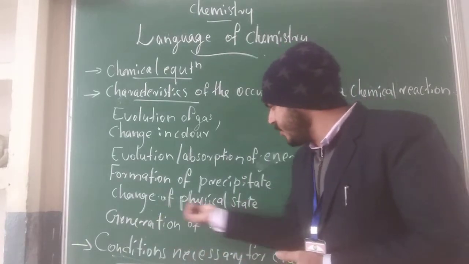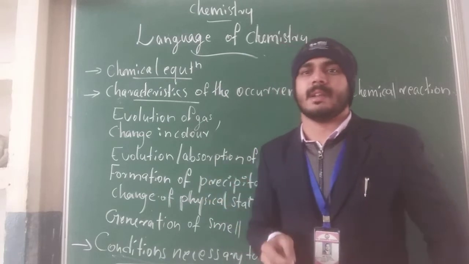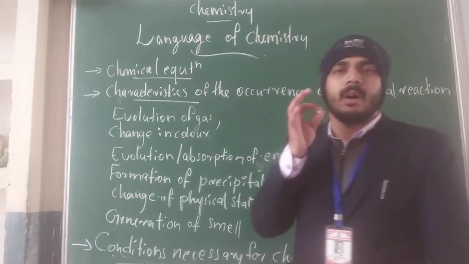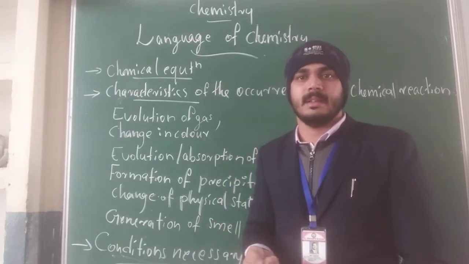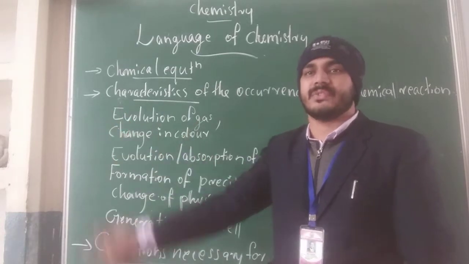The next one is change of physical state. It is a very simple characteristic. Here the reactants may have different states, maybe solid, liquid or gas. The reactants react together to form a product in some other state.